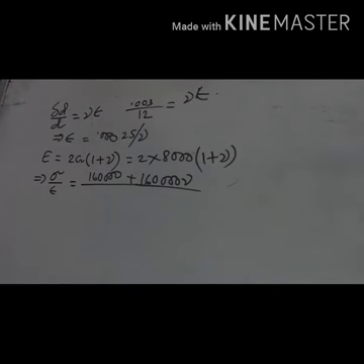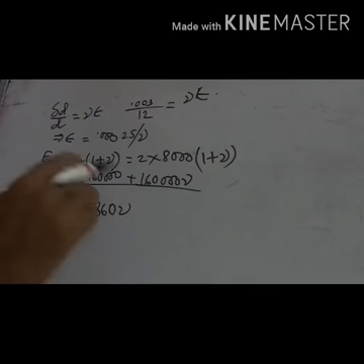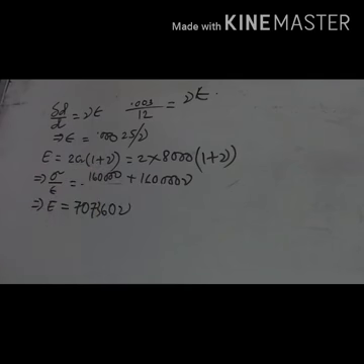Therefore capital E is equal to 707,360 nu.